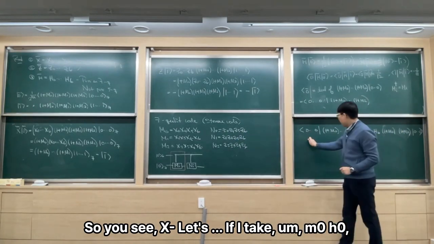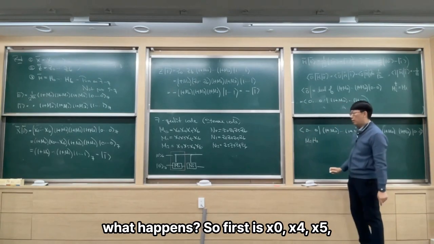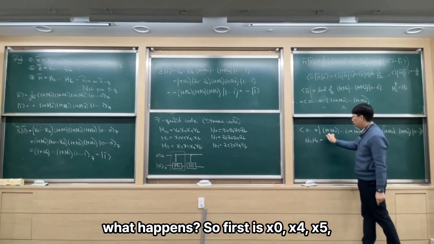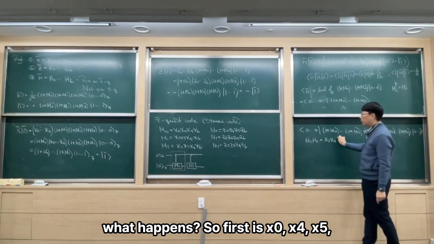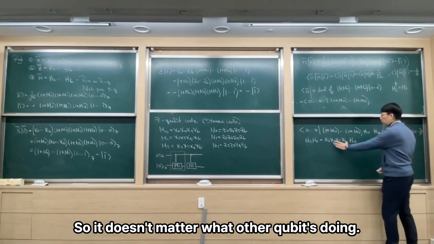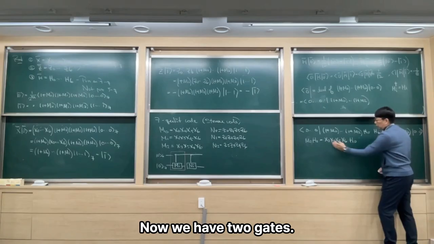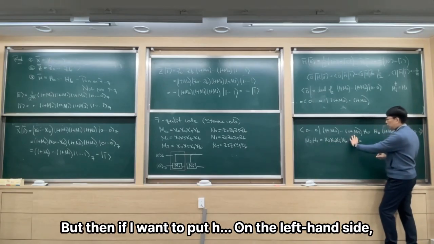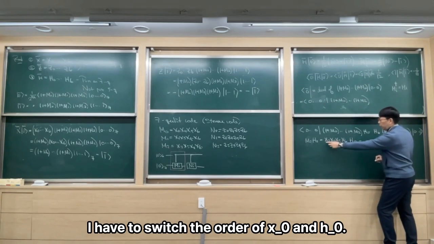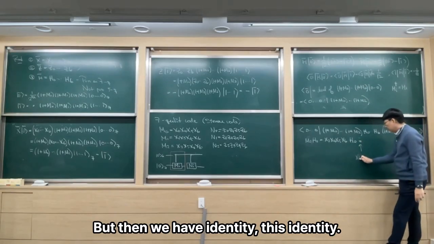But look at this m. So you see x, if I take m0, h0, what happens? So first is x0, x4, x5, x6 times h0. So it doesn't matter what other qubit's doing. It's only for the qubit 0. Now we have 2 gates. But then if I want to put h on the left-hand side, I have to switch the order of x0 and h0. But then we have identity.